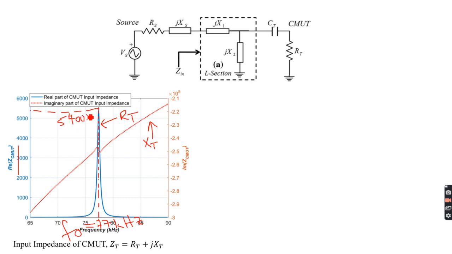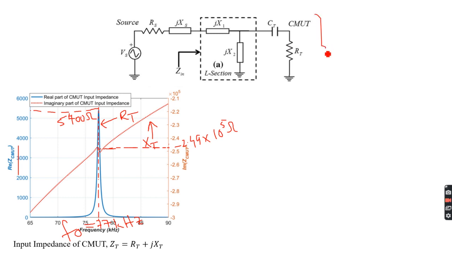And then I look at the imaginary part at 77 kilohertz, and I see that at the same frequency it is about minus 2.49 times 10 to the power 5 ohms. So you see the sign is negative, which shows the load is capacitive.